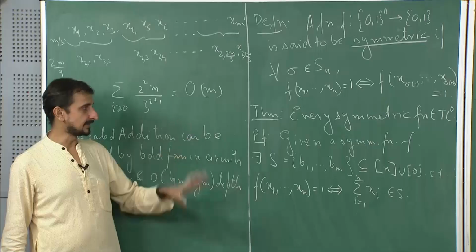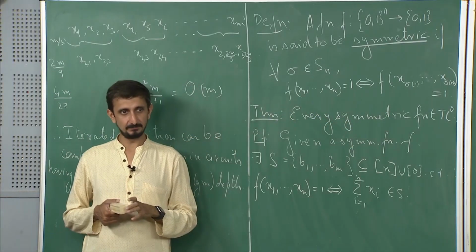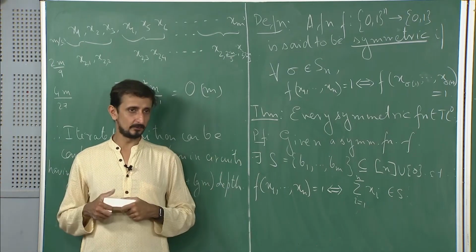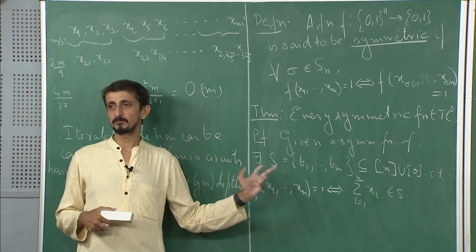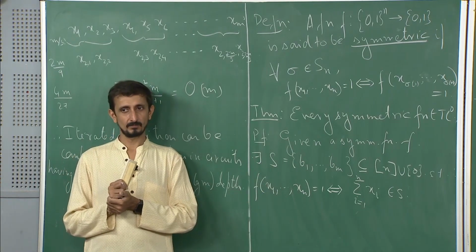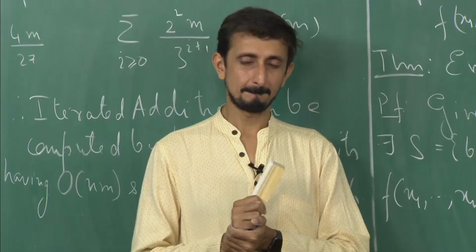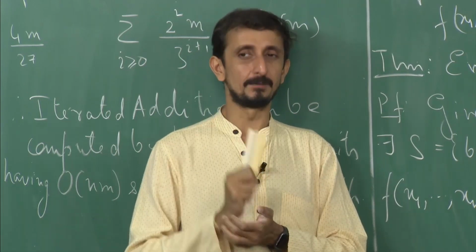I will give you an example. The parity function is a symmetric function, because no matter how you rearrange the inputs, the value is the same. Now, for the parity function, what will your S be? Any guesses? The set of odd numbers.